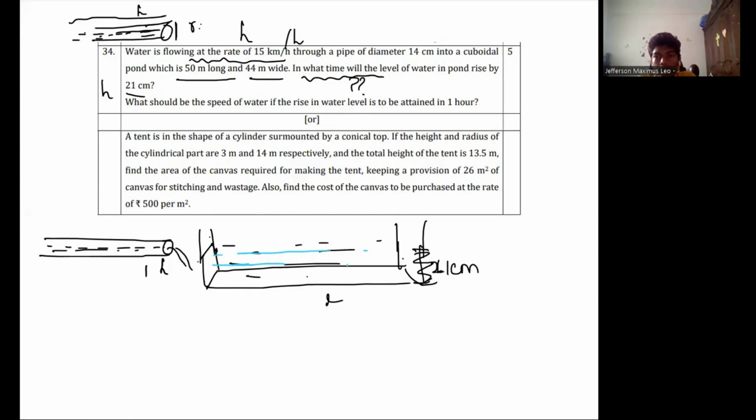Here it is strictly mentioned that the height must be 21 centimeter. So the volume of water flowing through the pipe in 1 hour is equal to the volume of the cuboidal pond with height 21 centimeter. The two are equal, right? Whatever water flowed in 1 hour is what gets collected.